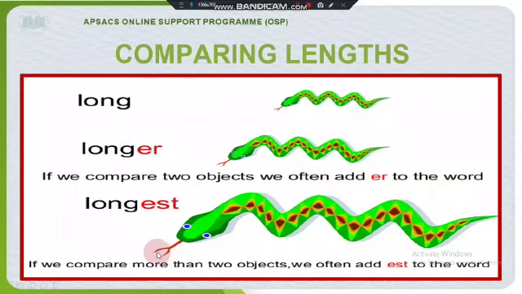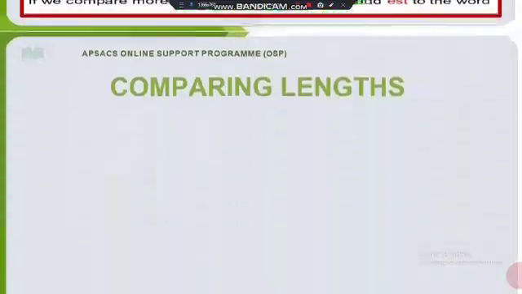But there is a third snake which is longest, right? So, when we compare more than two objects, we often add EST to the word. I hope you have understood the terms long, longer, longest. In the same way we use short, shorter, shortest, right?